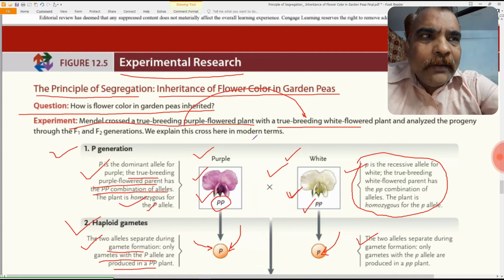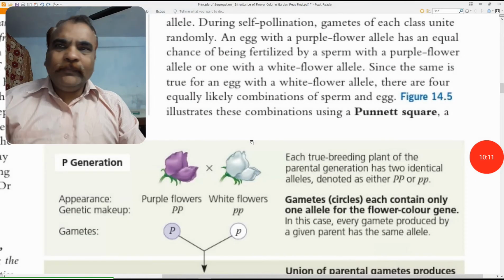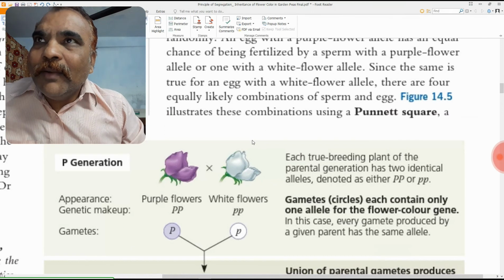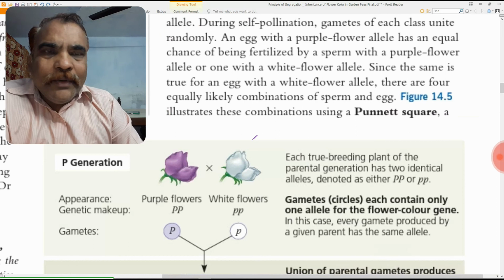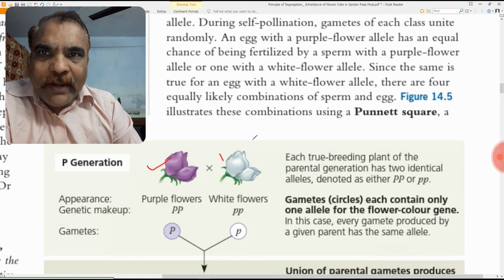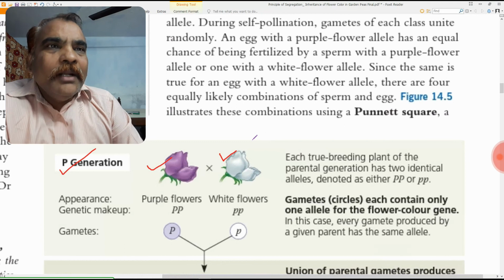Now let's look at one more figure to understand the principle of segregation. Here you can see the purple flower and the white flower. These are the parents from which Mendel started the monohybrid cross experiment.